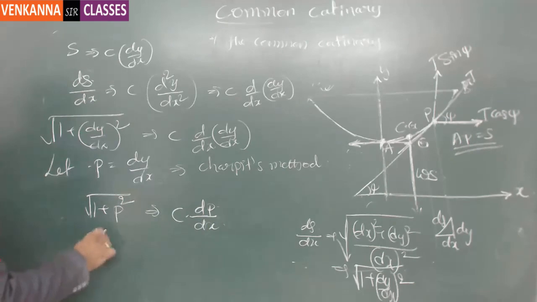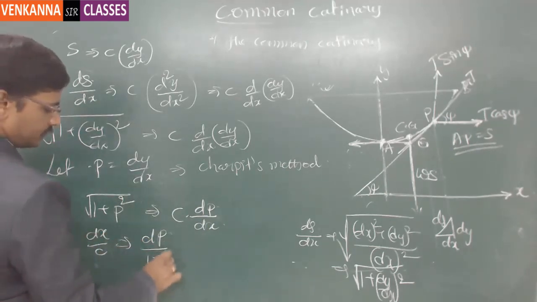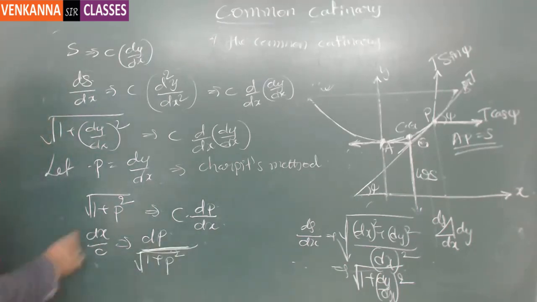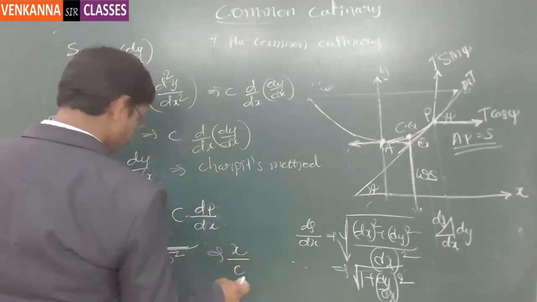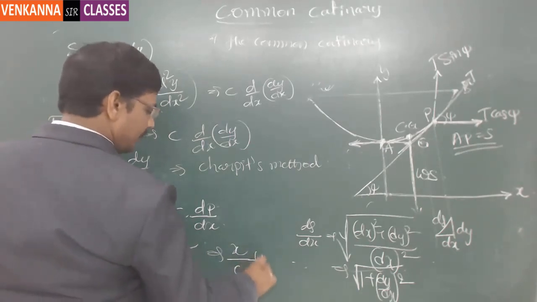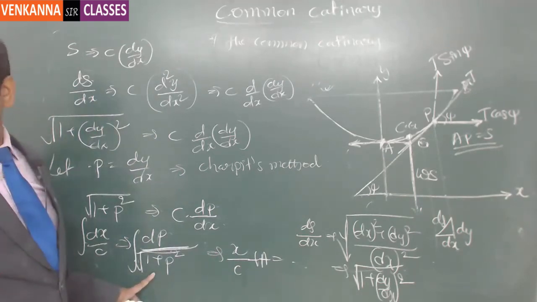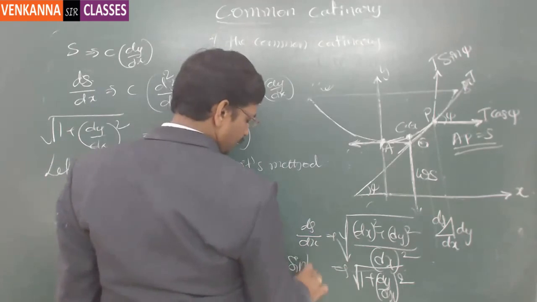So dx by c is equal to dp by square root of 1 plus p square. By the variables separable method, you will be able to solve this. If you simplify this, x by c plus a is equal to the integral of 1 by square root of 1 plus p square, and this integral is sinh inverse of p.